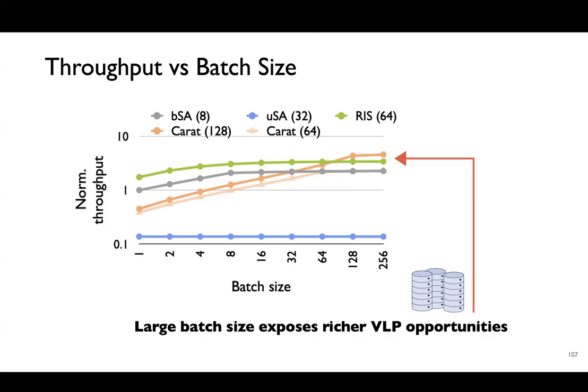They should all have similar peak throughput, but Carat has better utilization. Yeah, if I remember correctly, the problem with the RIS is that it's reusing a certain dimension of the matrix convolution, and when you scale it up, that specific dimension does not scale up. So you will see diminishing returns when you are increasing the batch size. I see. So it's saturating pretty early on. Yes, it's saturated early.